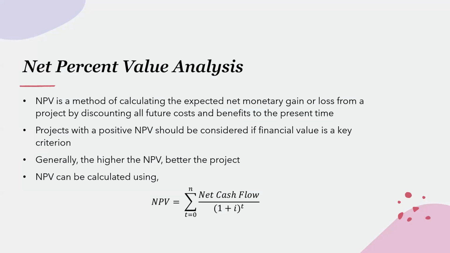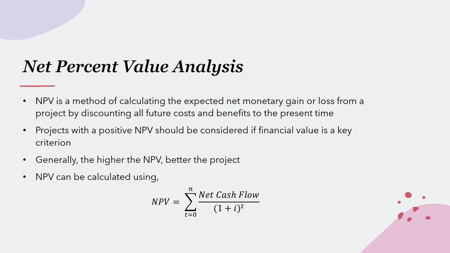Generally, the higher the NPV, the better the project. So if you have multiple alternatives to choose from, the alternative with the higher positive NPV should be chosen. That is the better project.